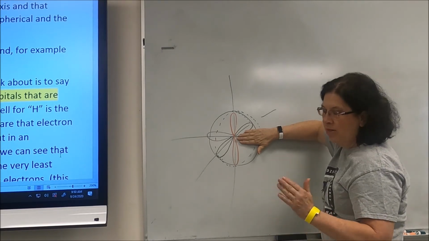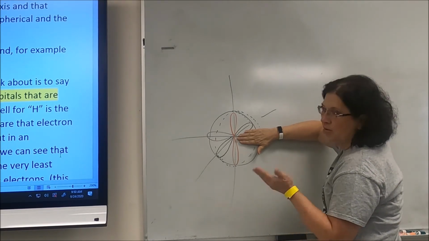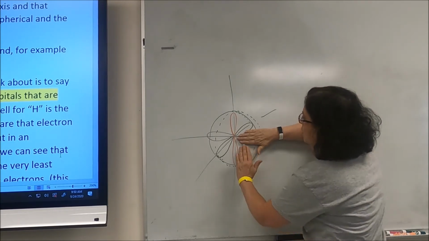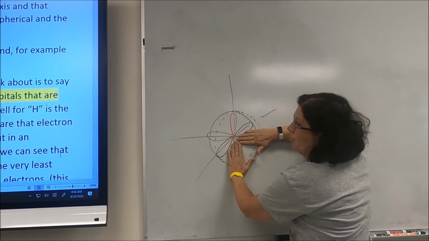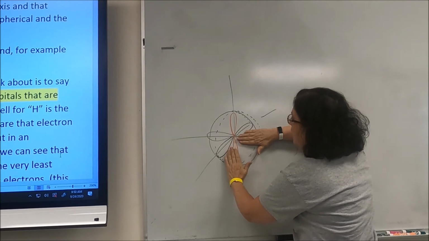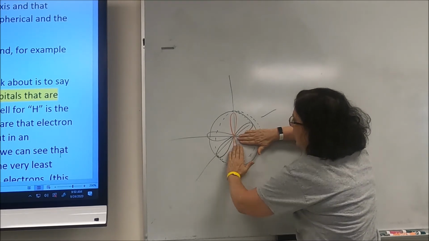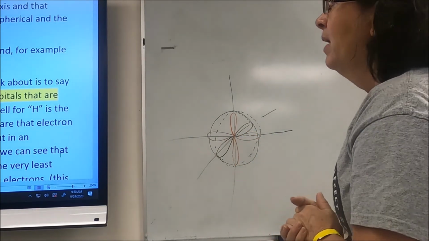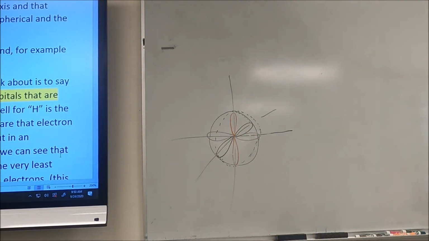If you did that with the atom's original valence orbitals, and let's say the bonds overlapped with p orbitals, I would get 90-degree angles. Say I made 3 bonds: they'd all be 90 degrees from each other. And that's not what we see.